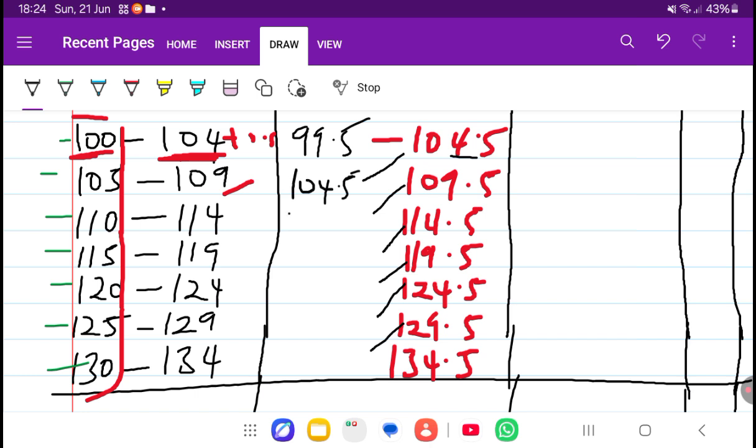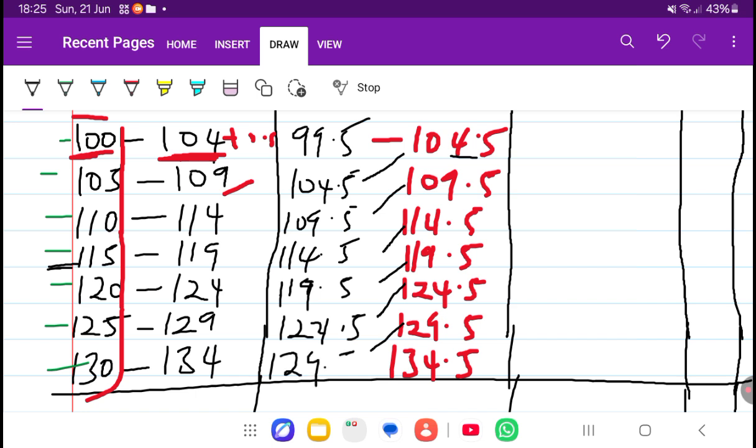Then you take this one, 109.5. Then you take this one, it will be 114.5. Or you can go and less 0.5 from this, but this will be easy, 119.5. Then this one will be 124.5. Then this one will be 129.5. And you are done.